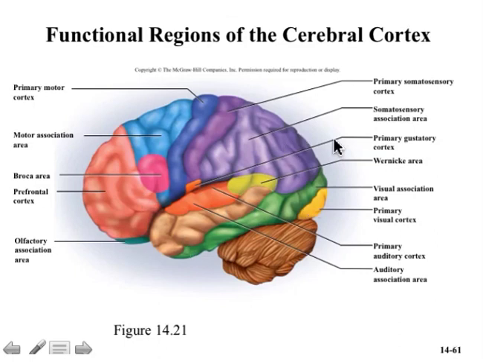The parietal lobe is the primary area for somatosensory association. So input comes to the primary somatosensory cortex from the receptors, and the association area decides what the input might be and what to do about it.